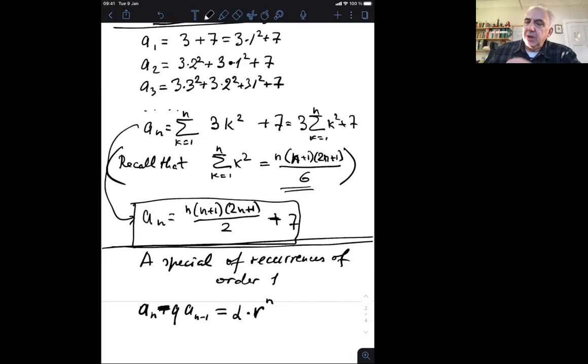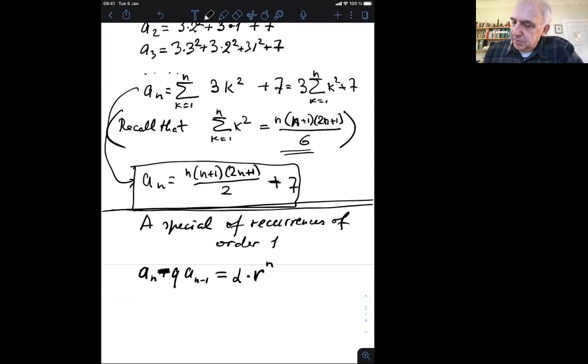So here I want to recall a little bit what we discussed last time about solutions to linear homogeneous recurrences with constant coefficients. Let me make a small detour and recall that.